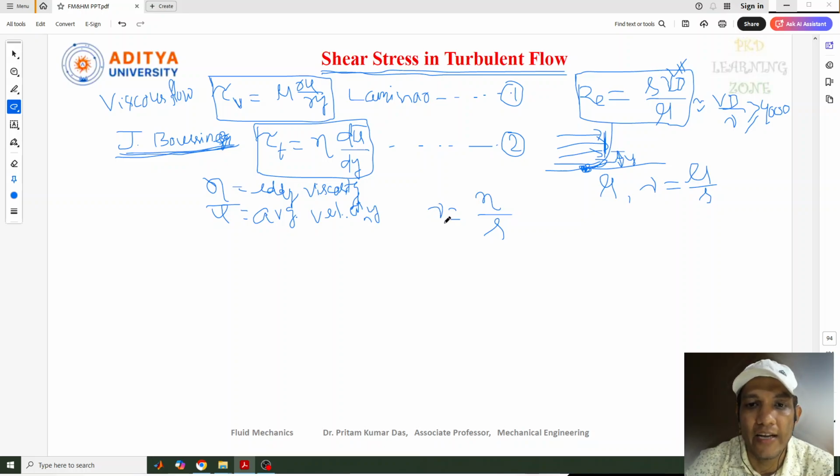Similarly, the kinematic eddy viscosity is nothing but the eddy viscosity divided by the mass density of the fluid. It is not denoted by nu. It is denoted by epsilon, not eta. Eta is for the eddy viscosity, and epsilon equals eta by rho. You can just highlight this term.